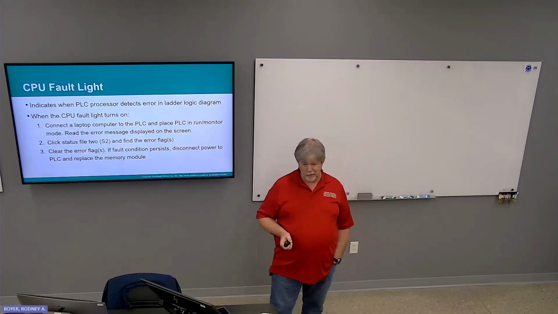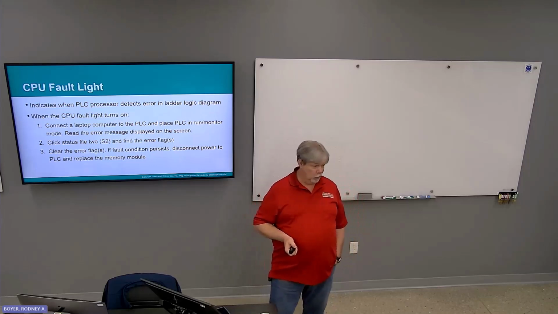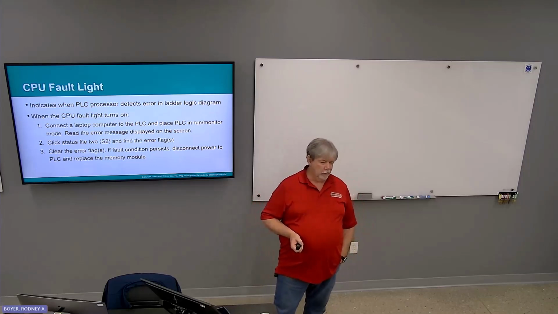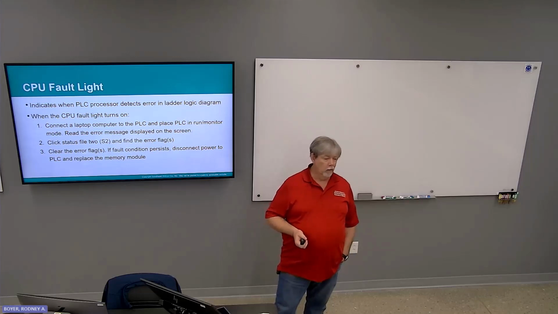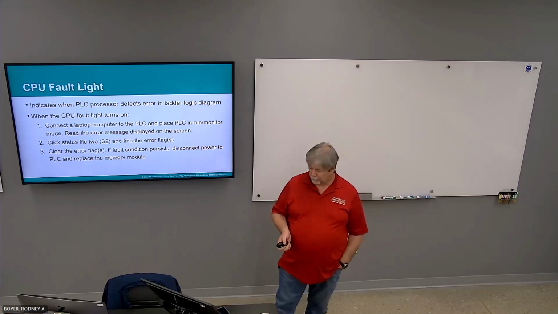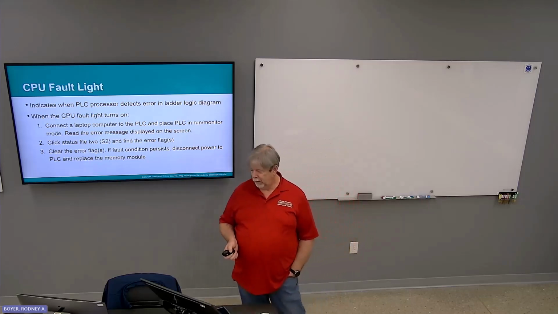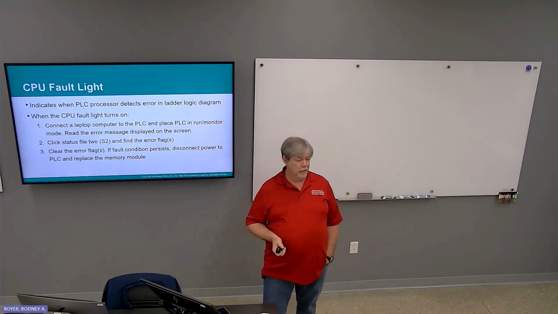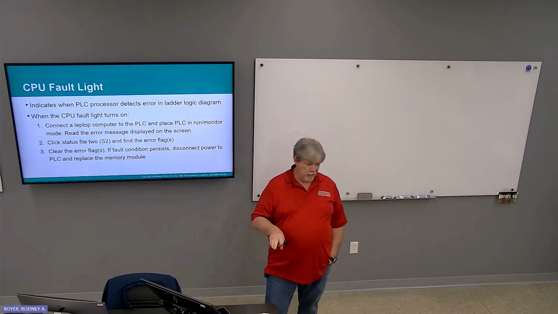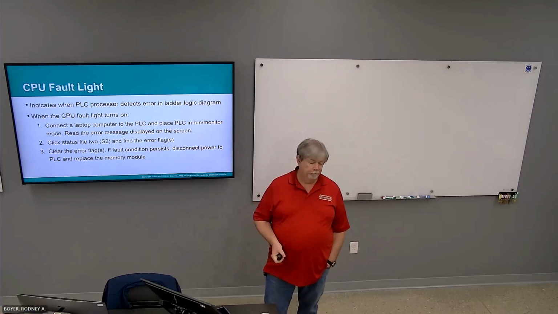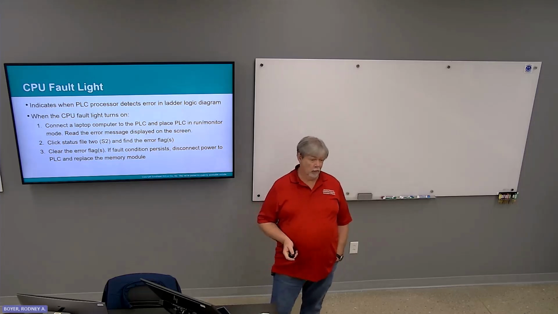If you're doing something stupid in the program like divide by 0, and you failed to put the OTU overflow trap instruction last thing in your main program, divide by 0 will fault your controller every time.